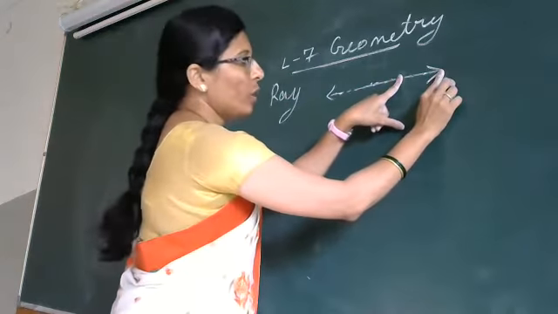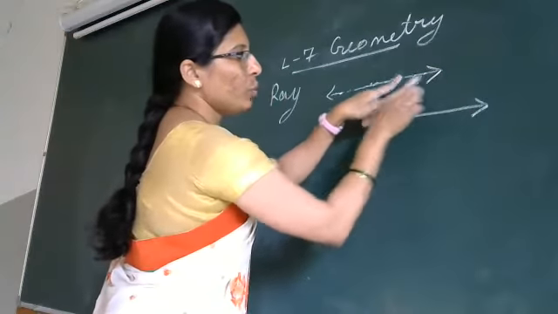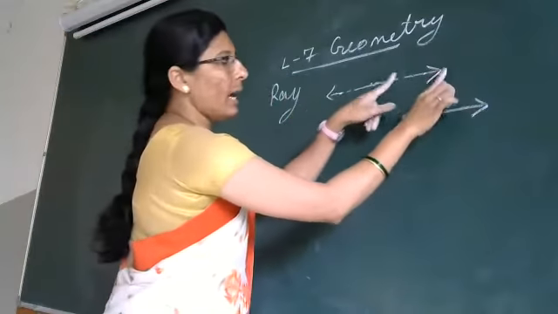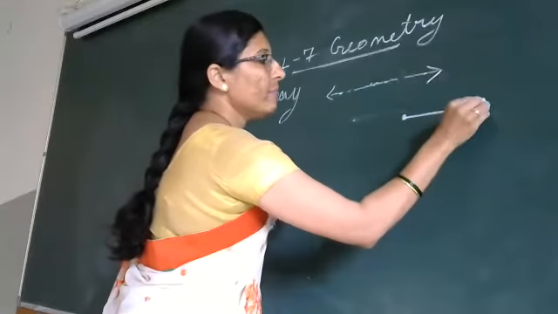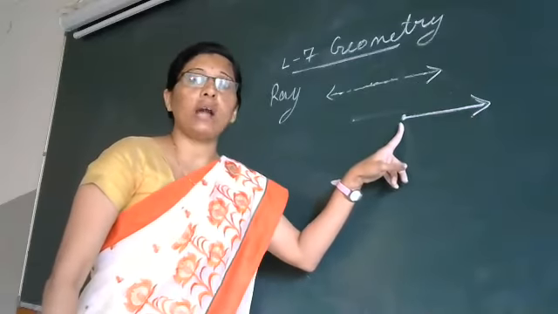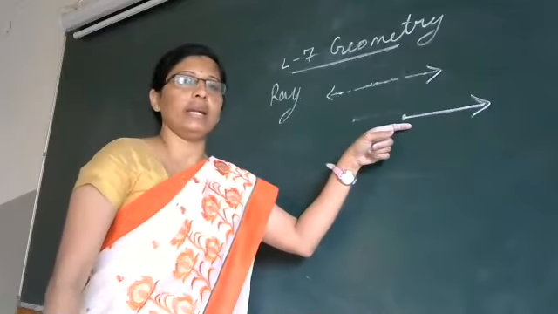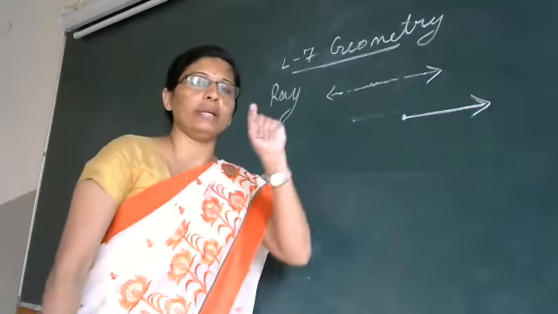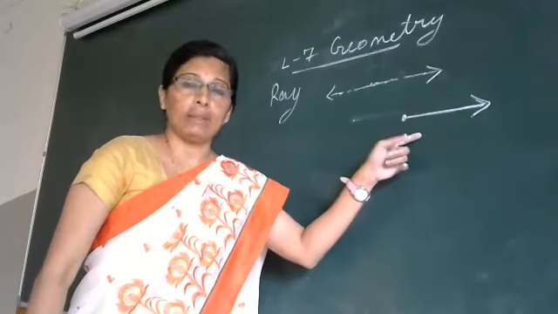If a line is given and I remove the arrow from one side, from this line, if I remove this much part, it has one side arrow and one starting point. So it has only one endpoint. So this is known as a ray.